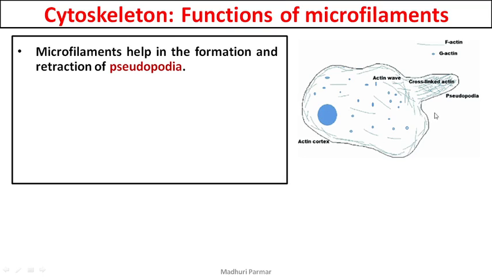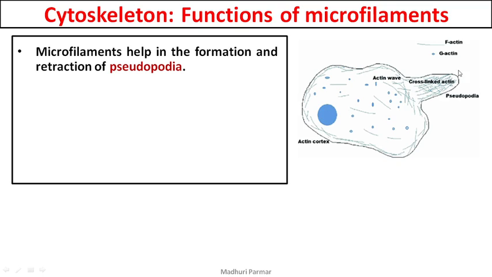It happens because inside it the actin, so in the whole cell actin will be present in form of G actin, which is globular actin. Whenever there is requirement and you have to make a pseudopodia, this G actin will come together and start forming F actin, which you can see here, the strands.